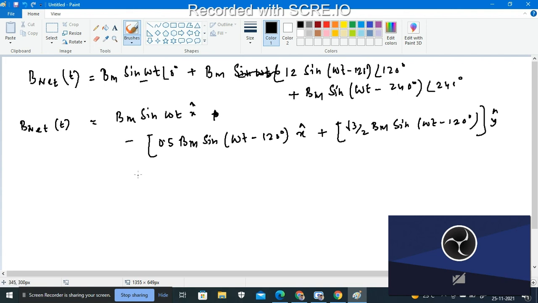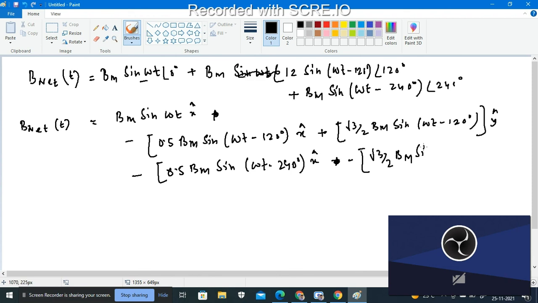Okay, for the second axis, bm sine of omega t minus 240 degree x mod, sorry, this one is also minus 0.5, plus minus root 3 by 2 bm sine of omega t minus 240 degree y mod.